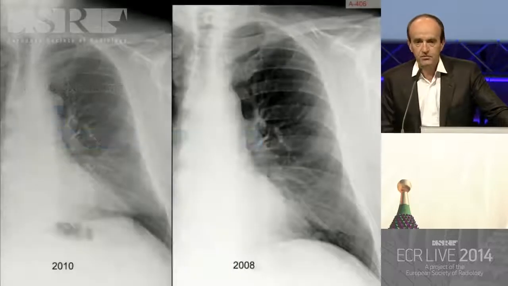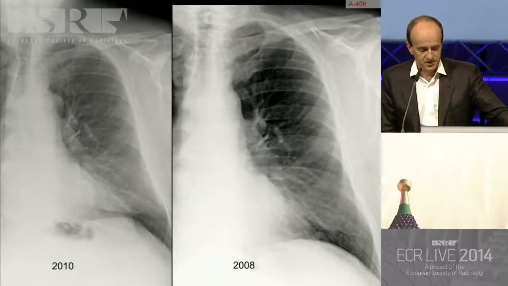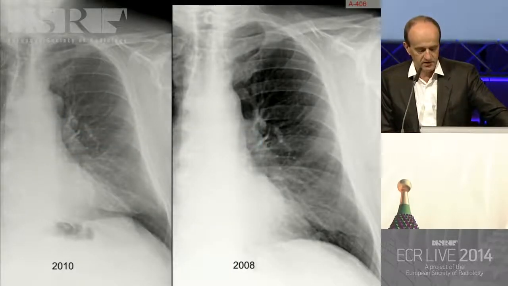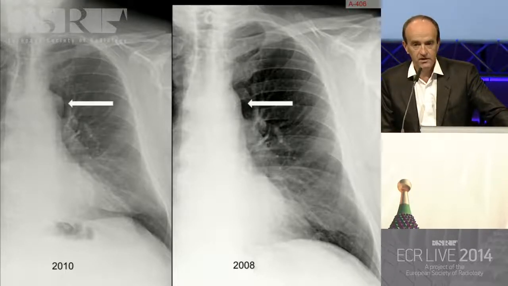Let me show you the same patient 2 years before. The actual radiograph is 2010 and 2 years before, 2008. And have a look now on the aortic arch. There is a double contour of the aortic arch, indicating that there is something wrong there.